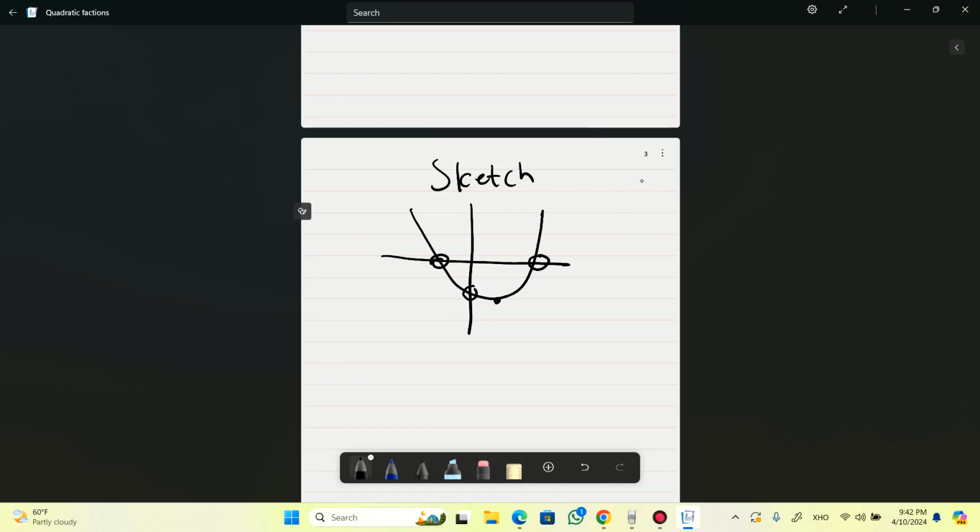So here you're most likely to get 4 marks. 1 mark for the shape, intercepts, turning point, and y-intercept, right? So make sure that you understand these factors here, and you include them on your sketch, right? When sketching the graph, make sure that you include these properties.